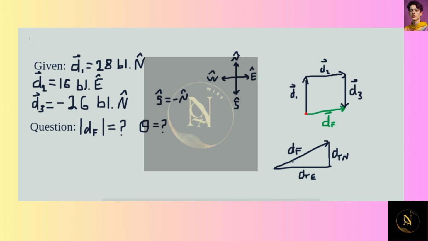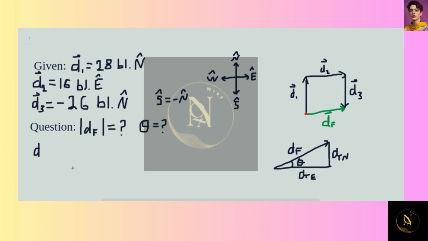Okay, and then this is going to be theta. Oh, let's draw that a little better. Theta. Okay, so to find the magnitude of this hypotenuse here, in this case d f, we need to first find the total displacement in the north direction.